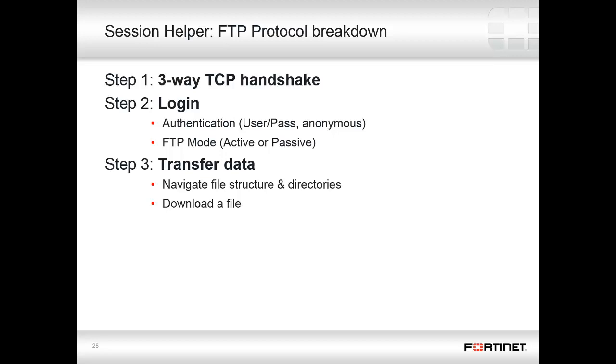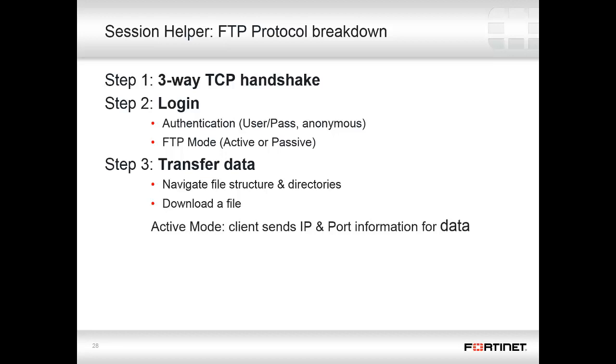Step 1 is the three-way TCP handshake. Step 2 is the login where you authenticate and set the mode. Step 3 is where data gets transferred. This can be getting directories, navigating directories, or downloading files.